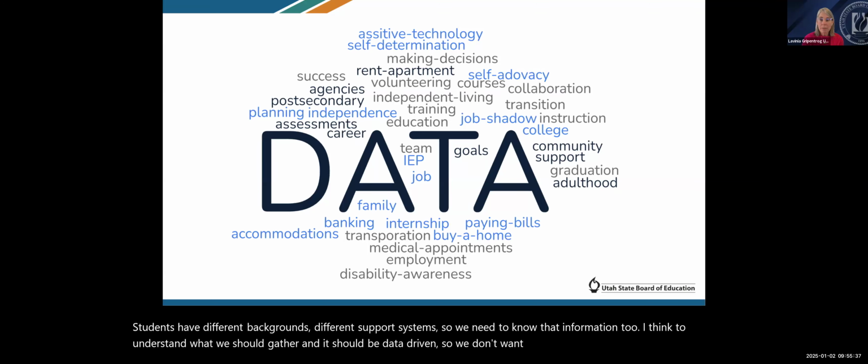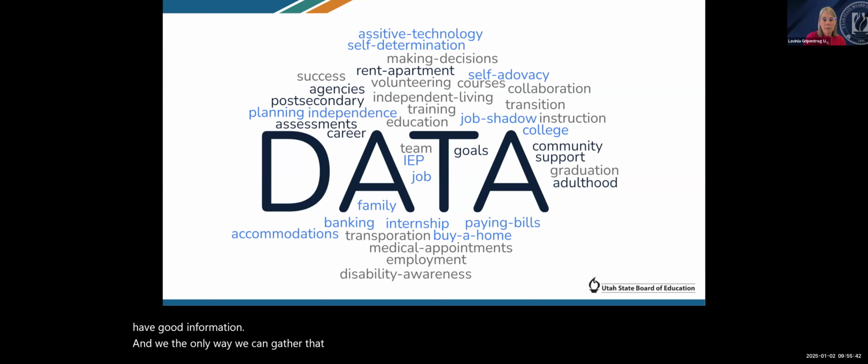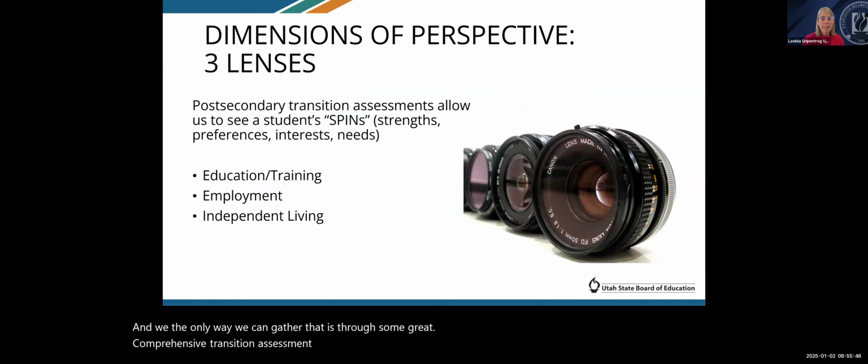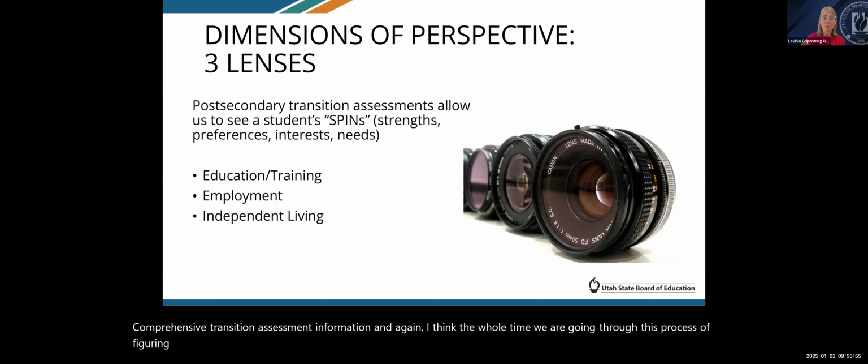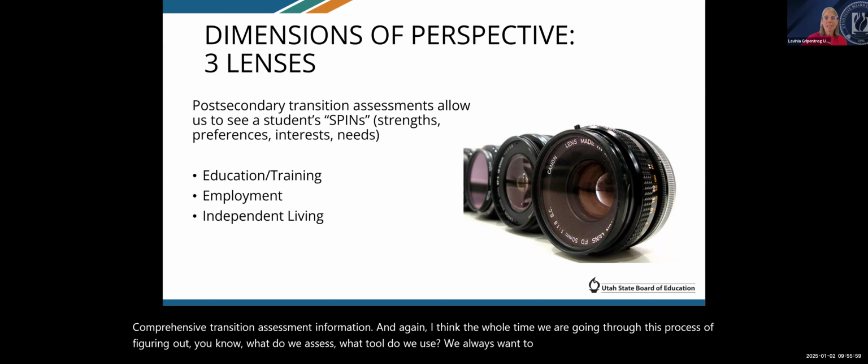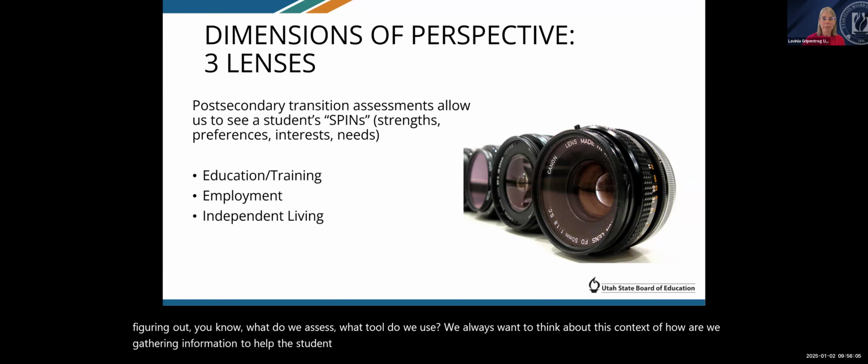And the only way we can gather that is through some great comprehensive transition assessment information. And again, I think the whole time we are going through this process of figuring out what do we assess, what tool do we use, we always want to think about this context of how are we gathering information to help the student prepare for these three big areas, right?